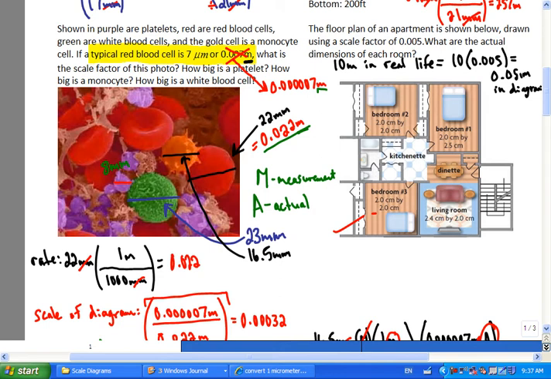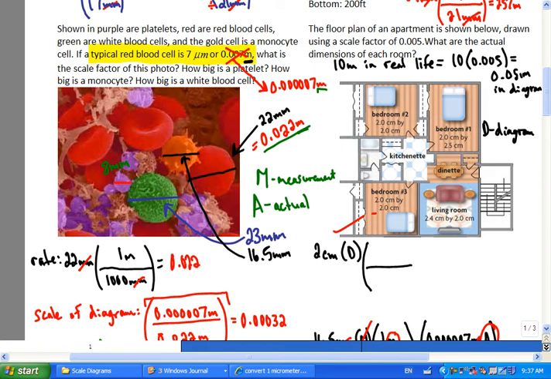Okay, so here's the rate you should be thinking of. I've got 2 centimeters, and I'm going to use D for diagram. I have 2 centimeters in the diagram. And I'm going to multiply that by the scale factor. You notice there's no units.